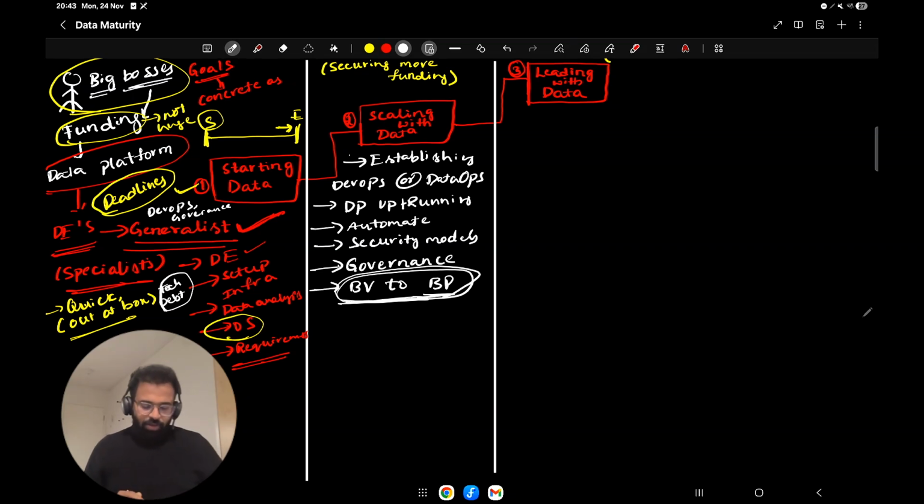In the first phase, you showed business people that you can get value out of the data. In the second phase, it's more about scaling the data platform more, providing more business value to the business people. Most often, the issue is, when I say scaling, you might think of vertical scaling, horizontal scaling, scaling up the cluster by adding more nodes.